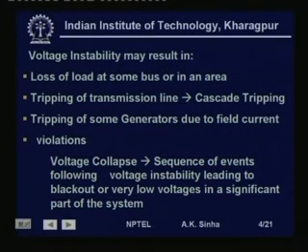This leads to what we call cascade tripping, that is, tripping of one line, then another, and then another, and so on, and this finally results in a collapse of the system, that is, a complete blackout in the system, or at least in a part of the area. This can also lead to tripping of some generators due to field current violations.